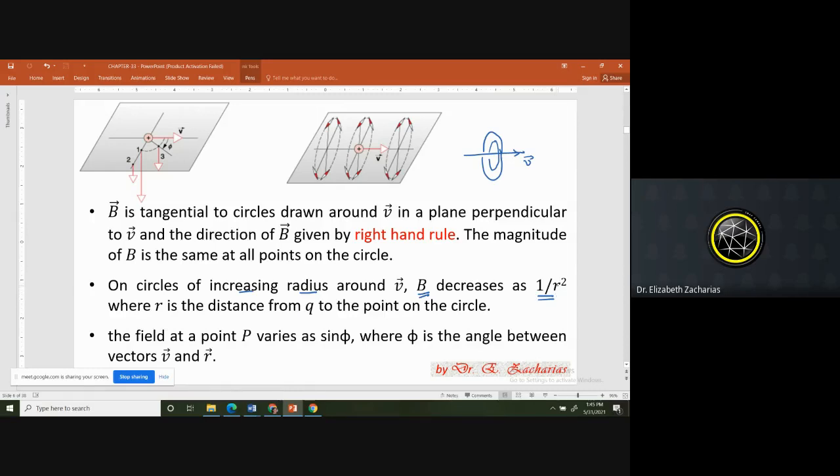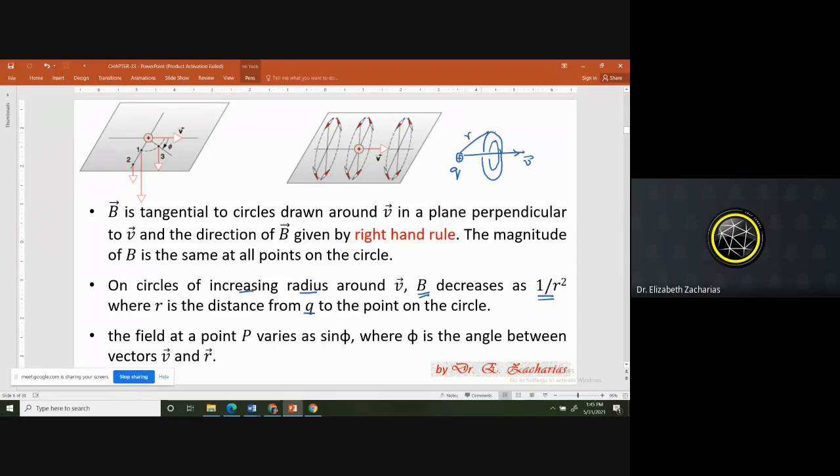Now, what is this r? Let us see. R is the distance from the charge to the point on the circle. Like for example, if my charge is here at this instant of time, please remember it's a moving charge, then my R is going to be this.